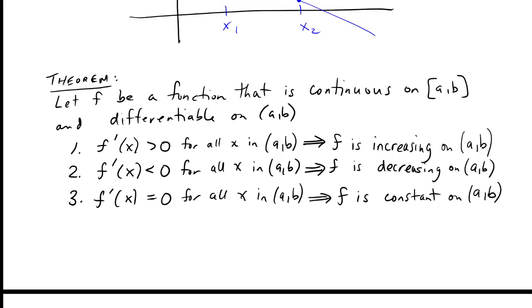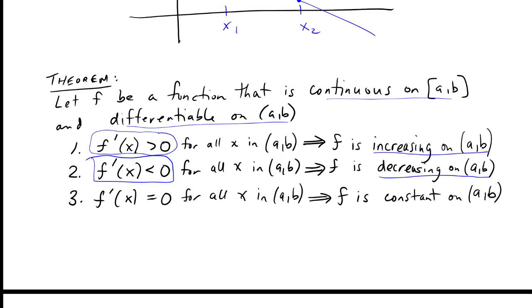This important theorem tells us that if f is a function that is continuous on the closed interval and differentiable on the open interval, then the derivative being greater than 0, a positive derivative, for all x in a certain interval means that f is increasing on that interval, while a negative derivative would mean f is decreasing on that interval. And a derivative of 0 would mean that the function is constant on that interval.